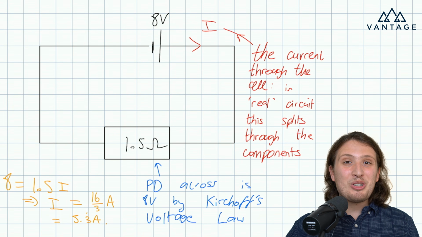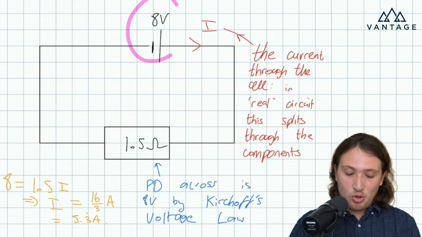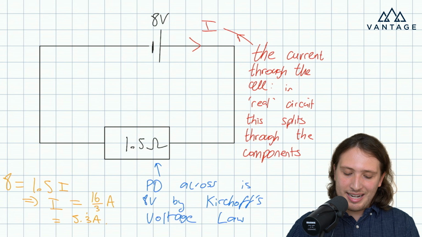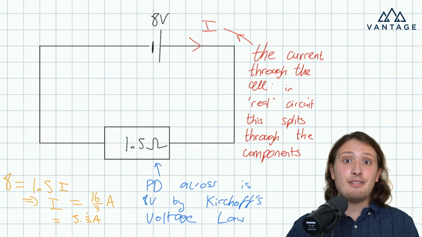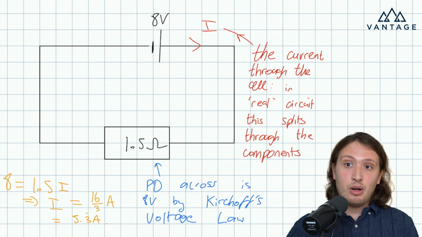That's because Kirchhoff's voltage law says that around any closed loop of the circuit, the sum of the potentials gained across cells will match the sum of potentials dropped across components. I've just got one cell and one effective imaginary component. So the potential difference across this is the same as for the cell. It's going to be 8 volts.